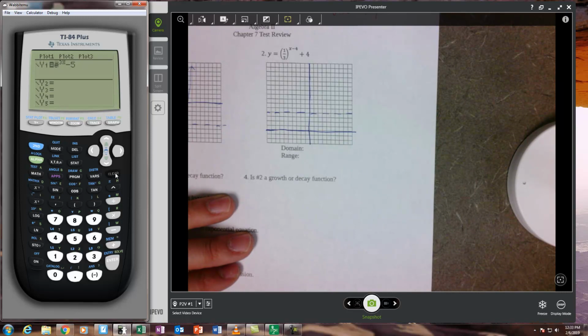I'm going to go to y equals, clear this out, type it just the way it looks. 1 divided by 3 in parentheses, close parentheses, raised to the x minus 4 out of the exponent plus 4.